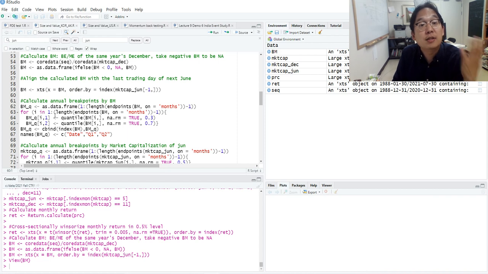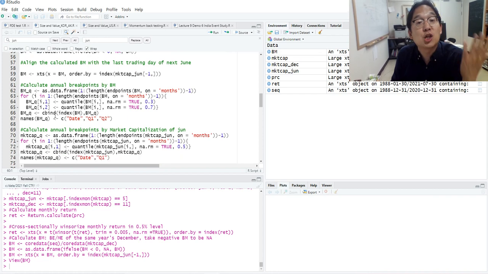Calculate annual breakpoints by book to market. This is just like what we did in the momentum portfolio. We are just replacing it with the book to market way of sorting. And then 0.3 and 0.7, high book to market, low book to market identifier.